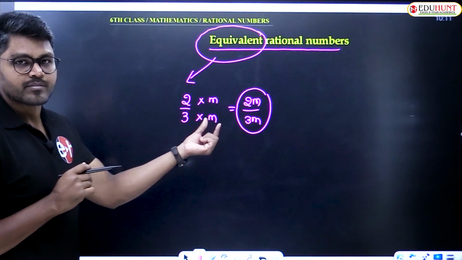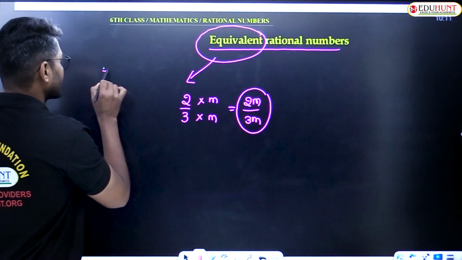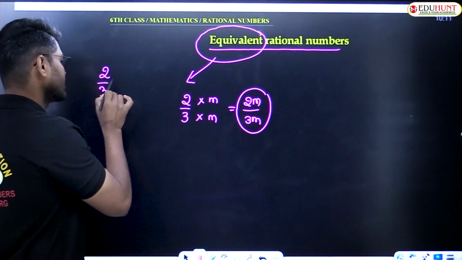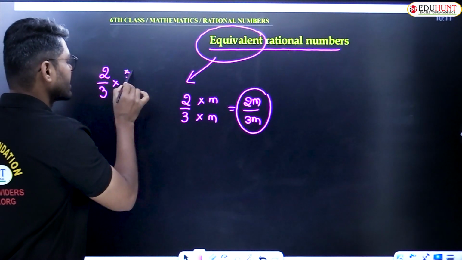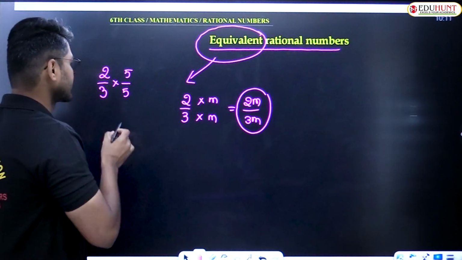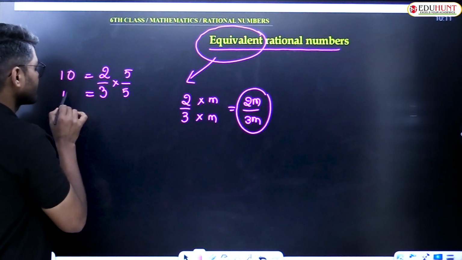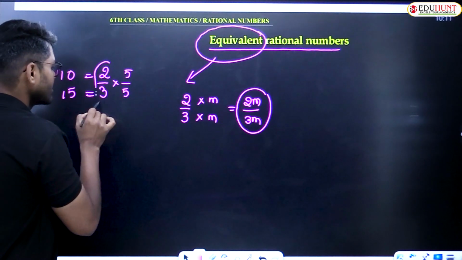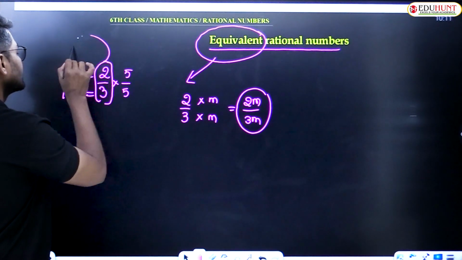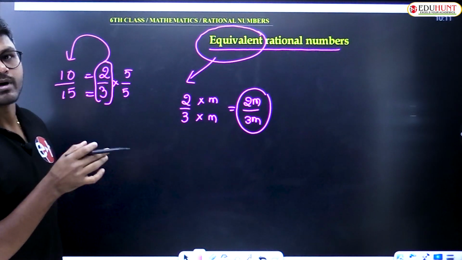In the place of m, I will take one number so that you can understand better. 2 by 3 is the given rational number. I am multiplying both numerator and denominator by 5. 2 5s are 10, 3 5s are 15. This is the base fraction which is given to us. We found that 10 by 15 is a rational number which is equivalent to 2 by 3.